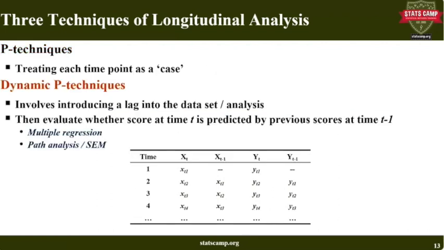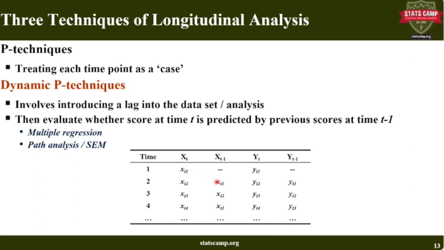And dynamic P technique is where we take these data and we lag them, right? So here I've got my time 1, my first observation of the individual. But what I'm going to do is lag it over here. So I'm going to have an X, which is T minus 1, and a Y, which is T minus 1.